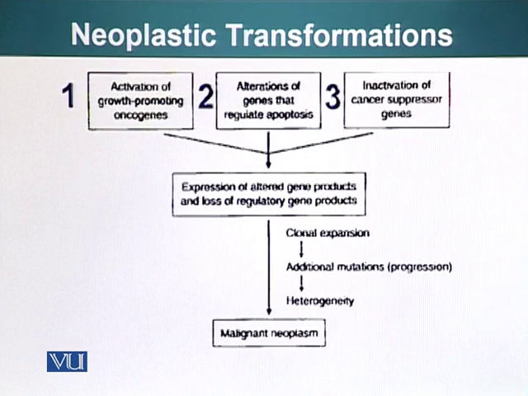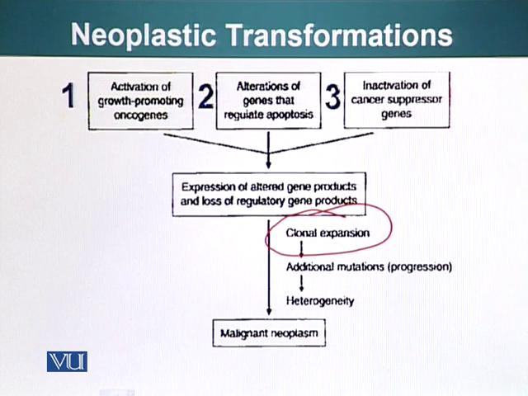So with these kinds of mutations, if their altered gene products accumulate, they can result in clonal expansion, which basically means that one cell will keep on dividing and making clones of itself, identical copies of itself. And when there is an excess of these cells, they can, over the course of time, accumulate other mutations, resulting in the ability of these cells to migrate and invade other tissues, which is called metastasis. So ultimately, the accumulation of these changes can result in a malignant neoplasm or a cancer.